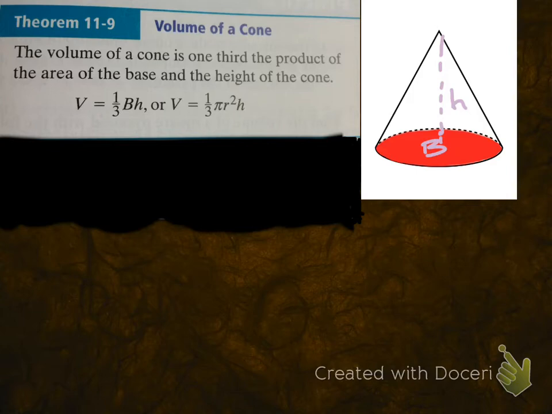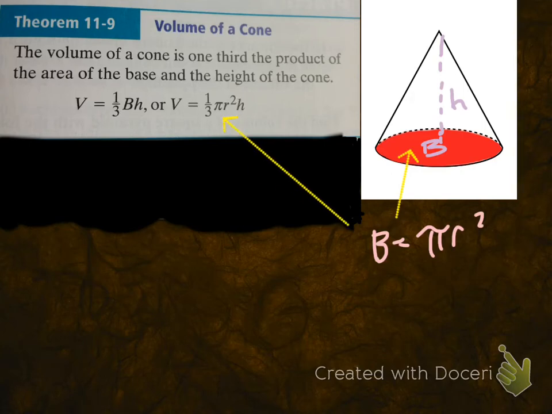So, volume of a cone is 1/3 the product of the area of the base and the height of the cone. Now, again, the base of a cone is a circle, which has an area of pi r squared, which is where this other formula comes from. It just replaces b with pi r squared.